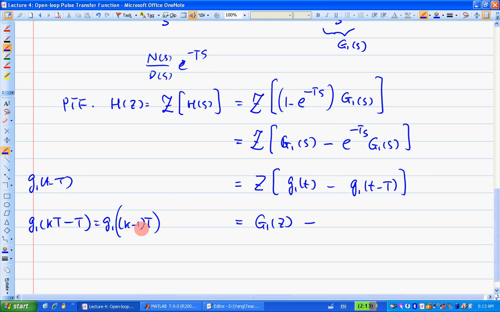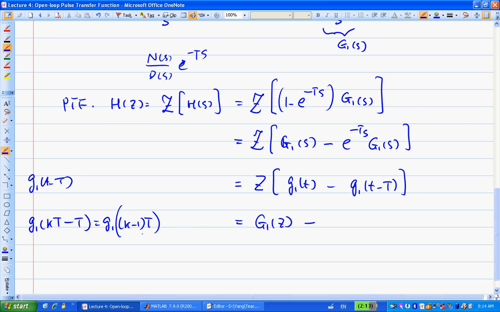So this is a delay in the time domain of one sampling time T. In terms of the sequence number, it's a delay of one step. When you look at your Z transform table, there's a property for dealing with this one step delay.